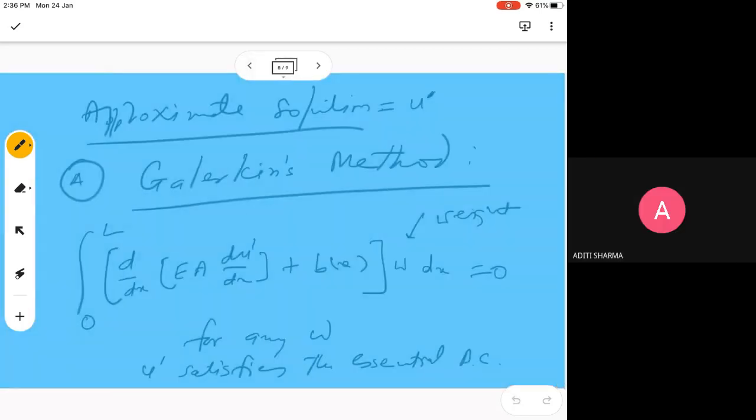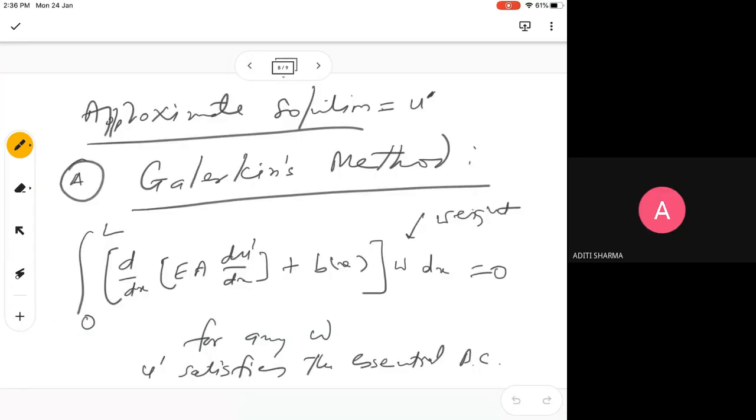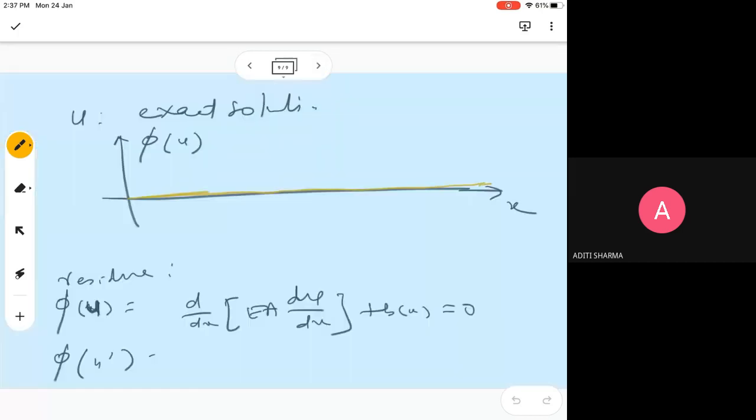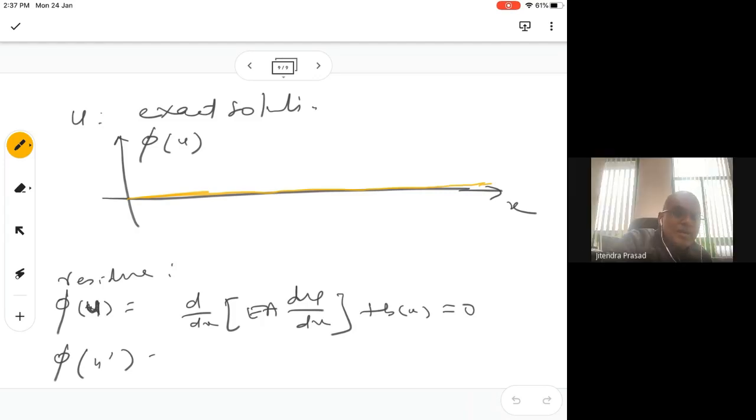The equation you are writing, phi u, we have derived from a particular 1D case. It will be a unique solution depending on the boundary condition.